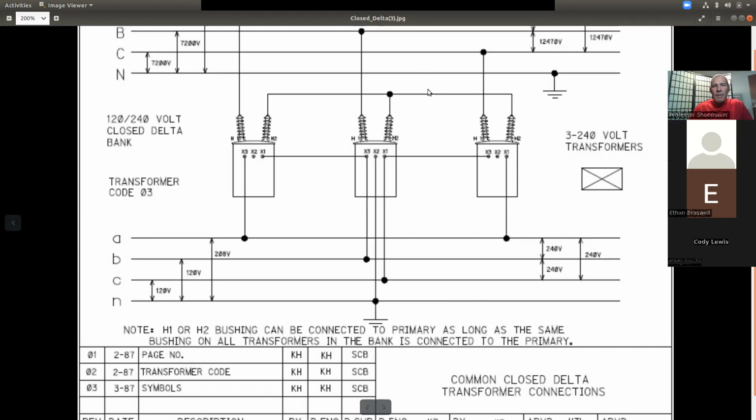You okay? Yeah. Okay. So that's why we float the neutral here. We don't want it to go onto our system neutral in closed delta. We want it to go from where to where. So let's say, this transformer here is pulling a higher load. Where would that higher load go to? It's going to follow the neutral and go where?